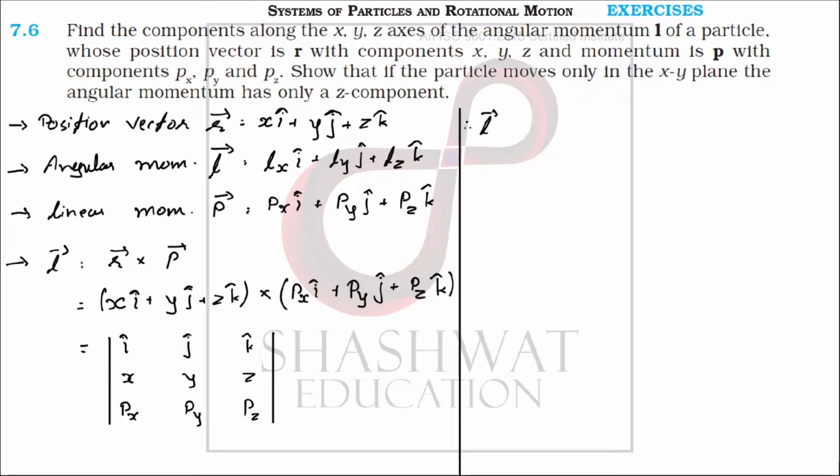Therefore vector L is equal to, first we will solve for i cap into y pz minus z py, minus j cap into x pz minus z px, plus k cap into x py minus y px.